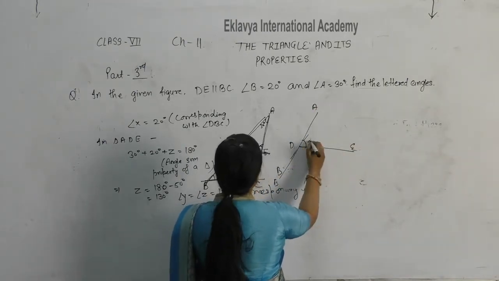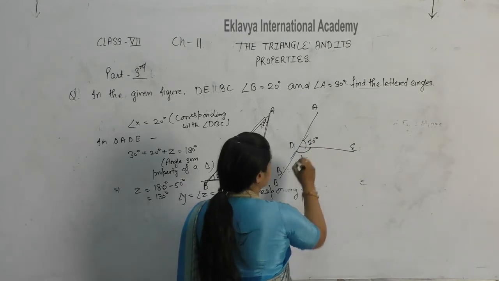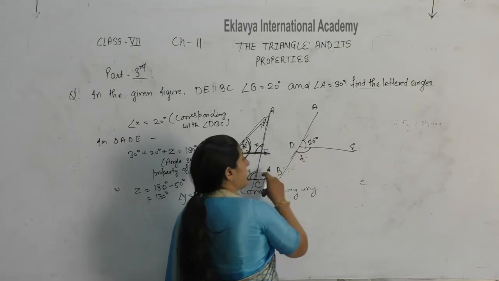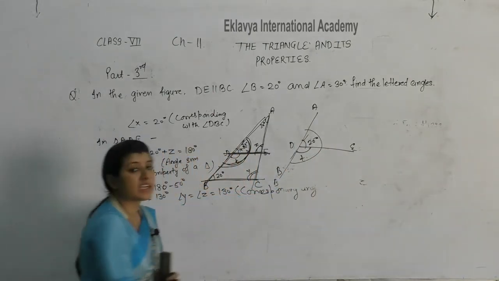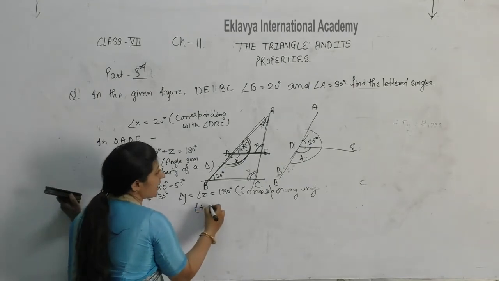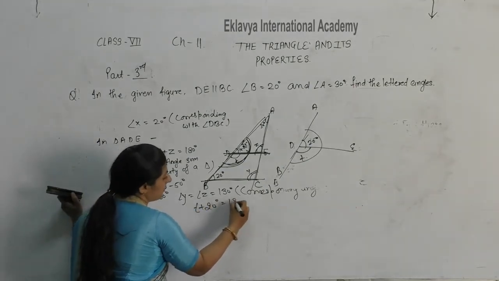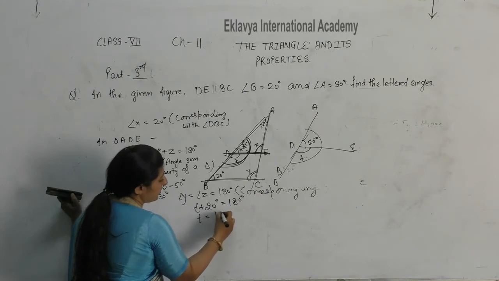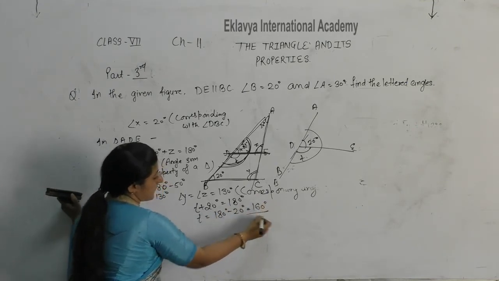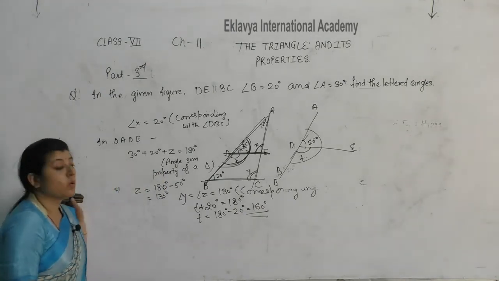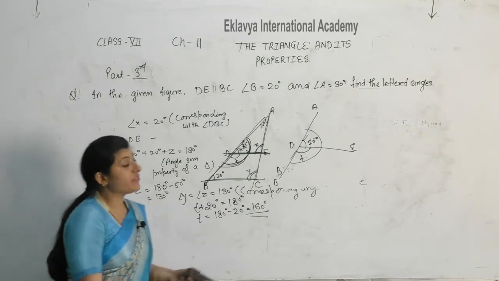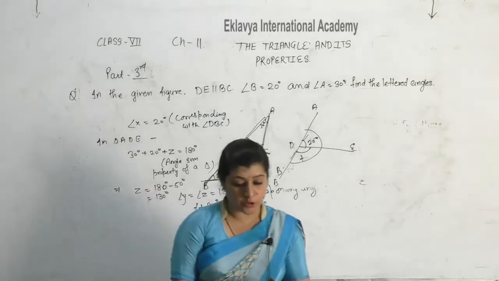One angle is 20 degree and this one is T. Then a ray DE stands on a line AB, then the sum of these adjacent angles is equal to 180 degree. We can use the concept of linear pair. Then what is the value of T? That is equal to 160 degree. So this time we will solve these types of questions.